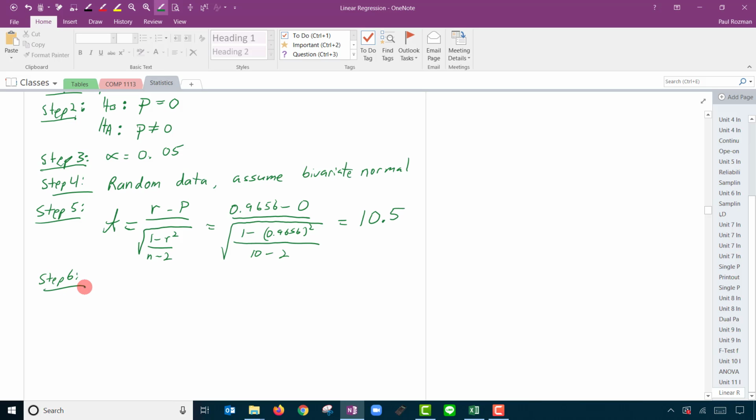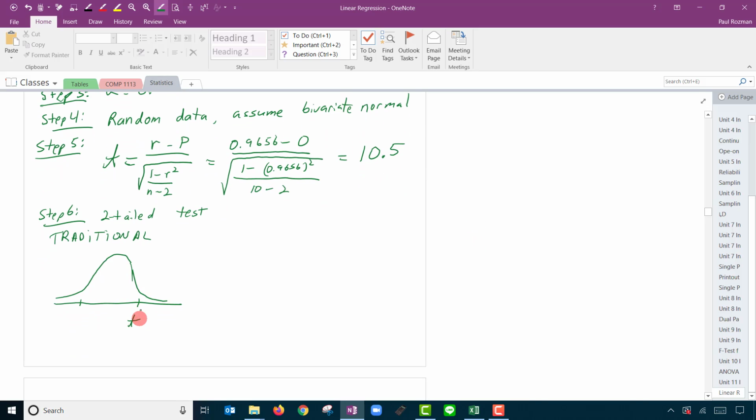Step 6, this is a two-tailed test. Maybe we should do this one traditionally, because I know I'm not going to find 10.5 on my t table. So let's do the traditional method. In a two-tailed test, we'll take our alpha and split it in half, and we'll determine the cutoffs.